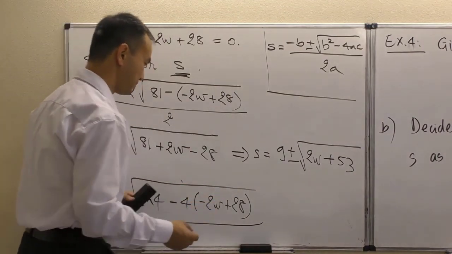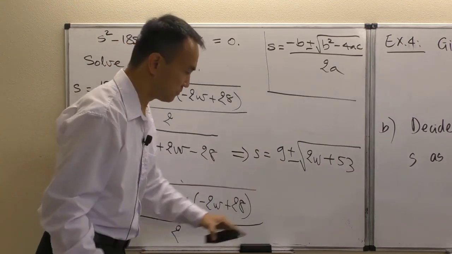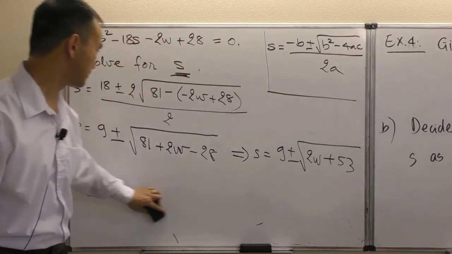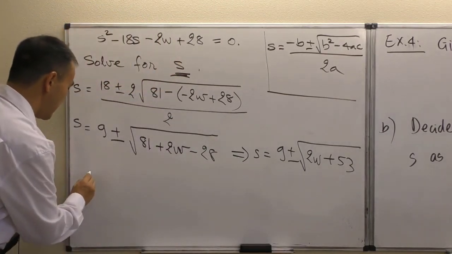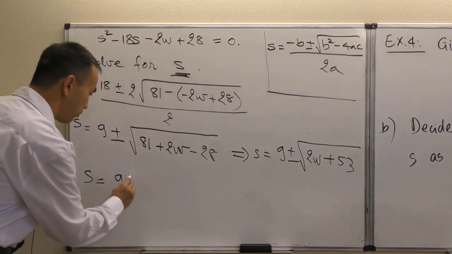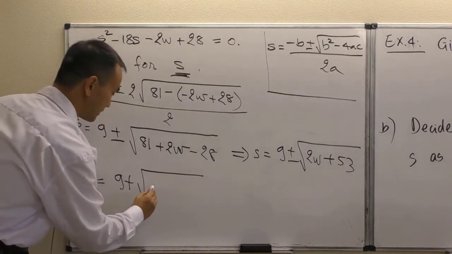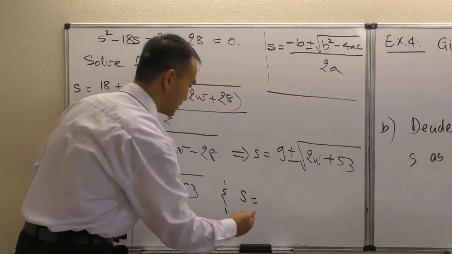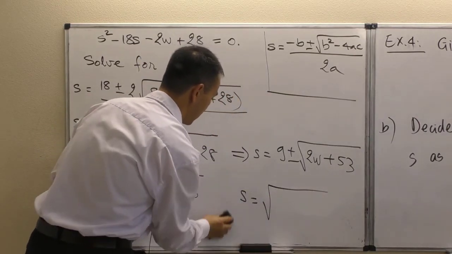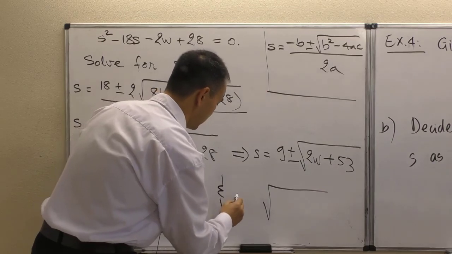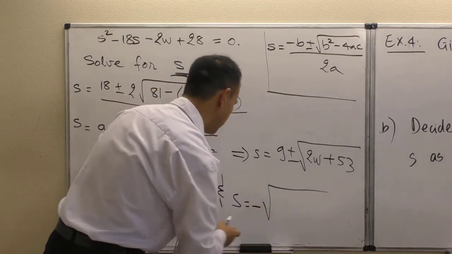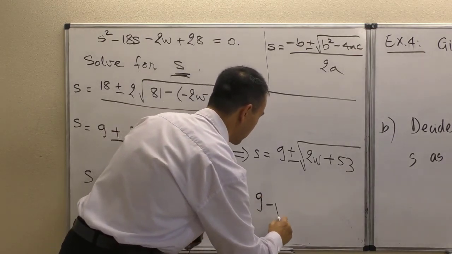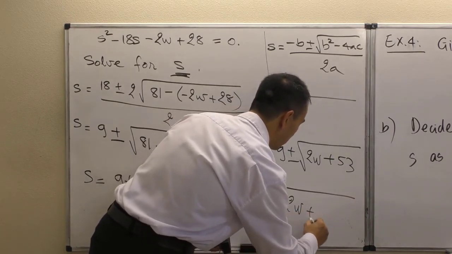Now this is where we can start making our decision. I can erase all of this. So S on one hand equals 9 plus the square root of 2w plus 53, and at the same time S equals 9 minus the square root of 2w plus 53.